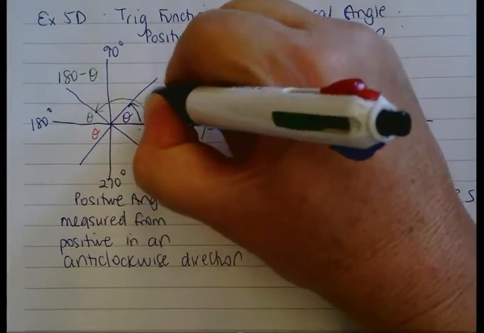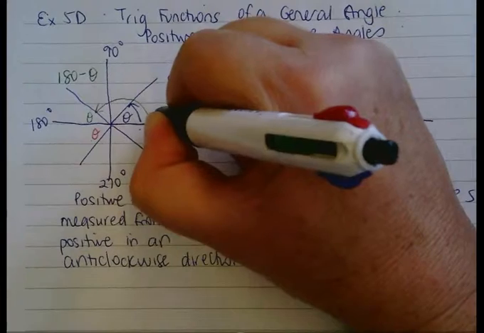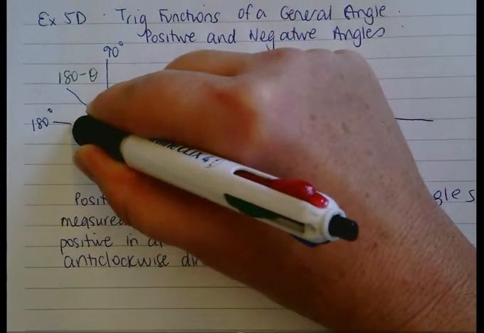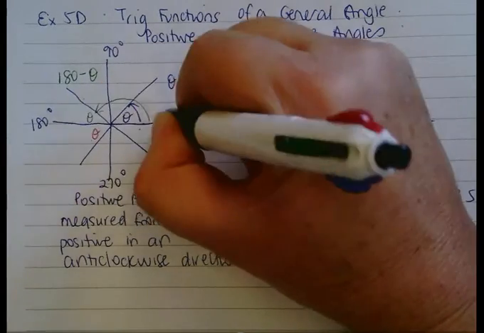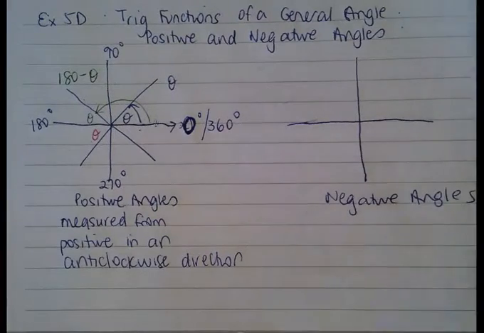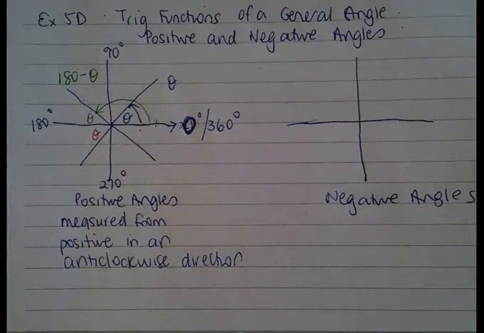When I travel to the left, when I travel anti-clockwise, I'm going all the way to 180, but then I'm coming back in the negative direction for theta. When you travel anti-clockwise, that's the positive direction, and when you travel clockwise, that's the negative direction.